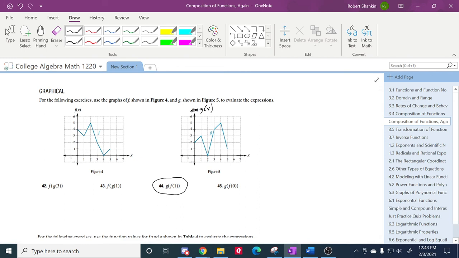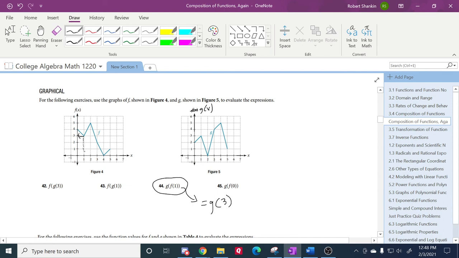30 seconds more. You always work from the inside out, so f of 1, we look here, we read straight up and over, and we get that has a height of 3.